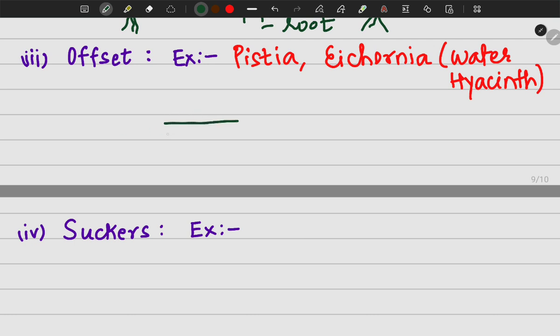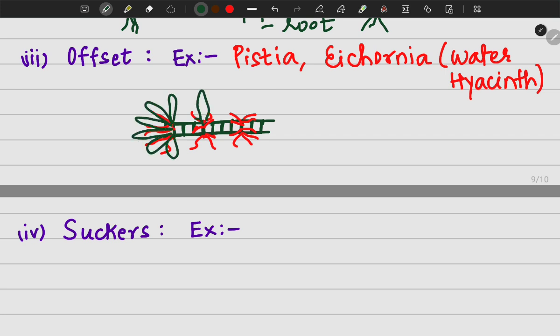So, if this is a stem, this stem will have very short internodes like this. These will be nodes. Internodes will be short, and wherever these nodes are present, from these nodes a tuft of roots will arise like this, and from these nodes a rosette of leaves will also arise like this. Rosette of leaves, a group of leaves.